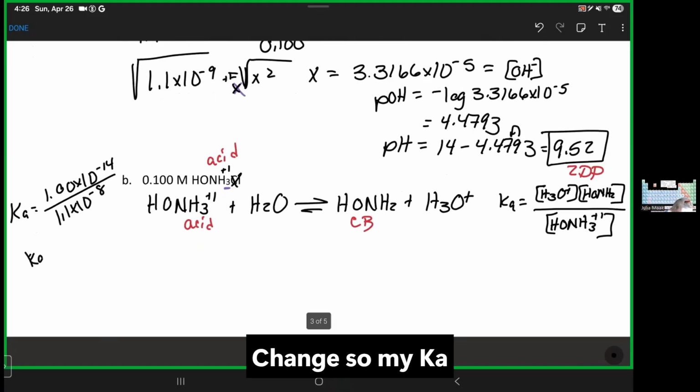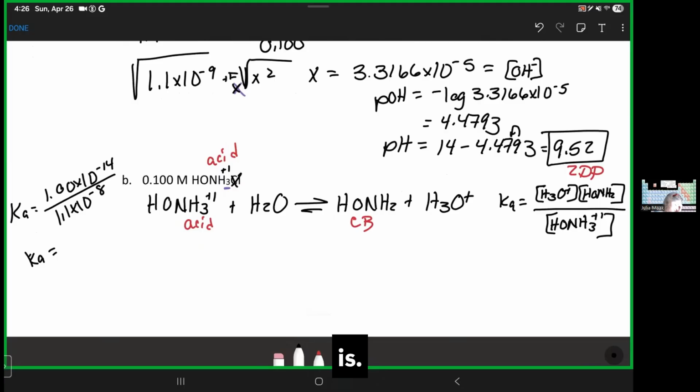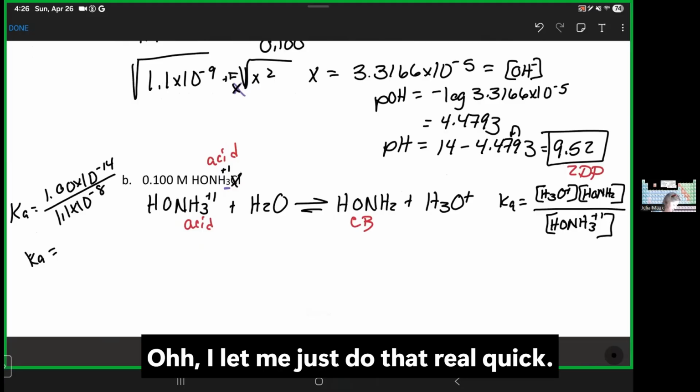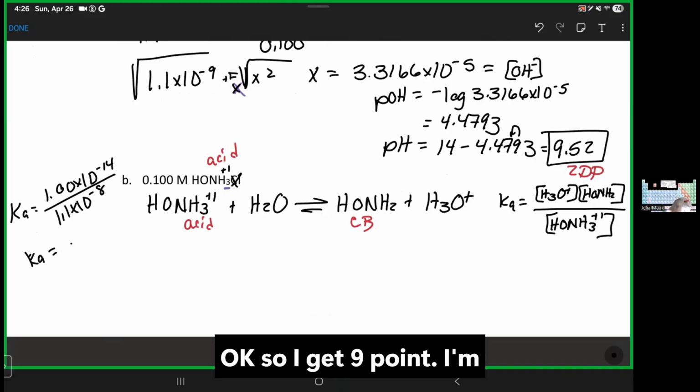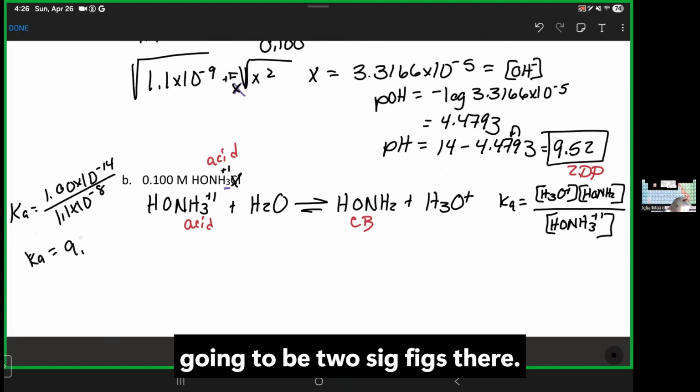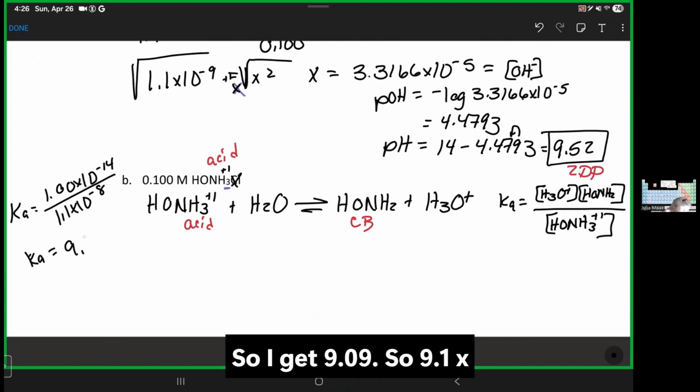Okay, so my Ka is, let me just do that real quick. Okay, so I get 9.09, I'm going to be 2 sig figs there. So 9.1 times 10 to the negative 7 is my Ka.